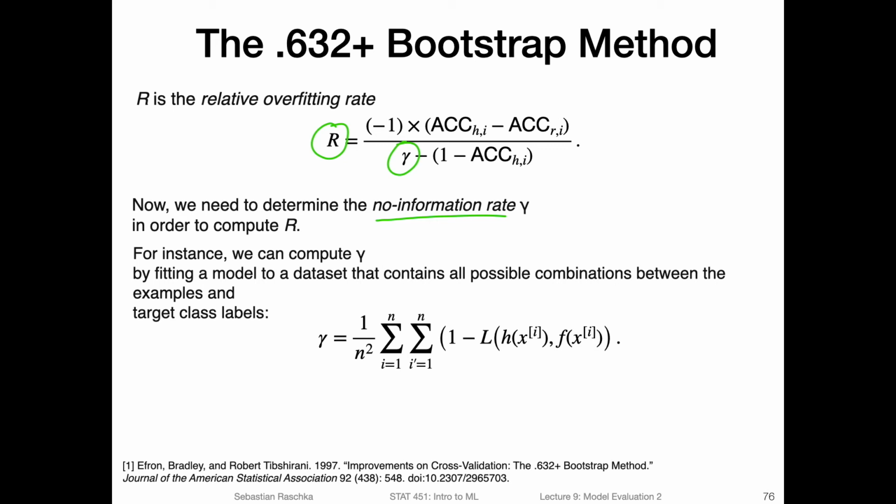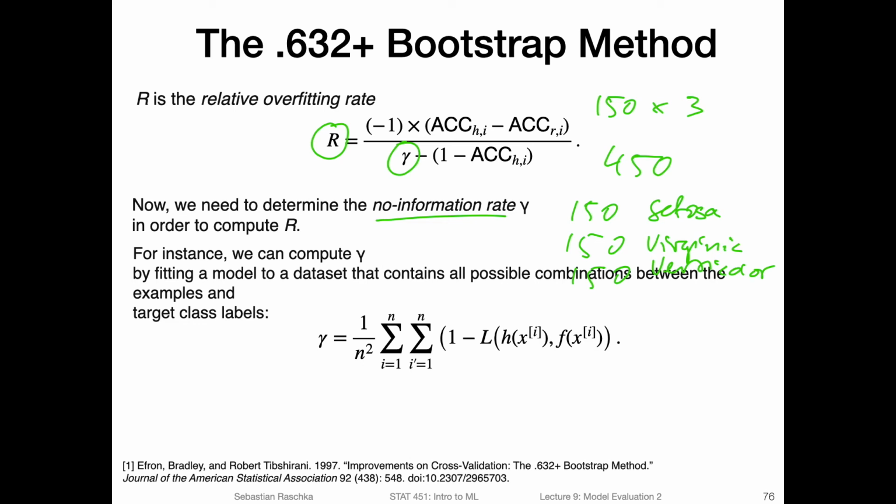So we have now 150 times 3 flowers. So we have 450 flowers. And for each flower we have each class label. So we have 150 setosa and the same 150 flowers labeled as virginica and the same 150 flowers labeled as versicolor. So there's absolutely no information in this dataset because every data point can have any possible class label.